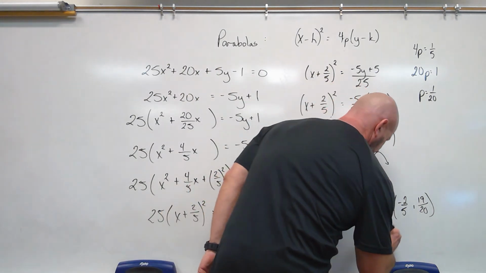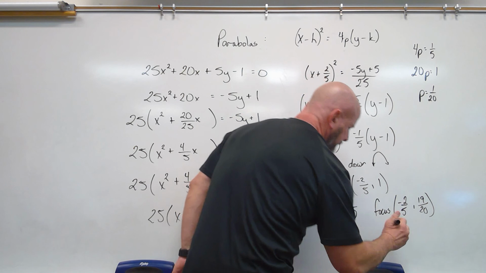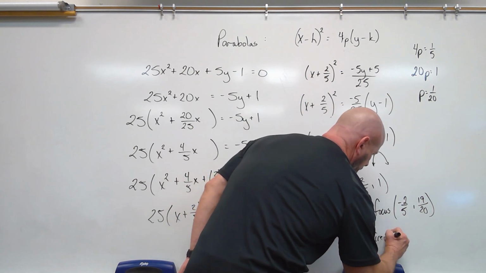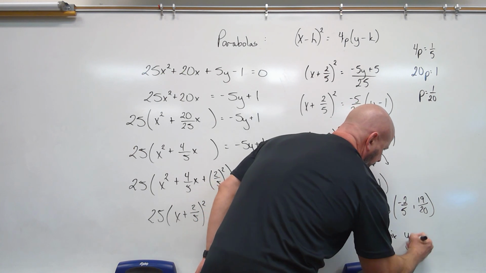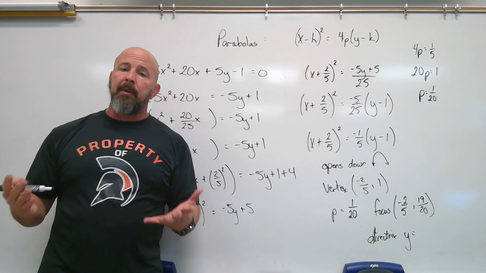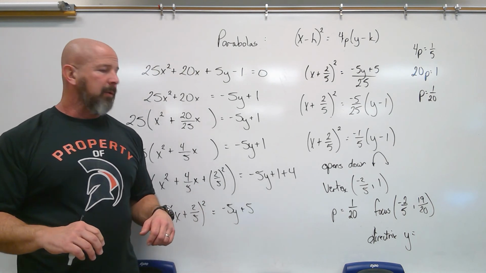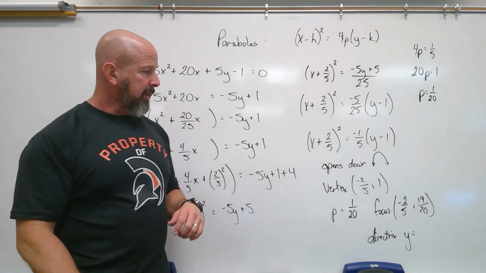Directrix this time. My directrix would be y equals. It's going to be a horizontal line. Again, I can plot as I go, like I did on the previous one, or even did on the lecture video.